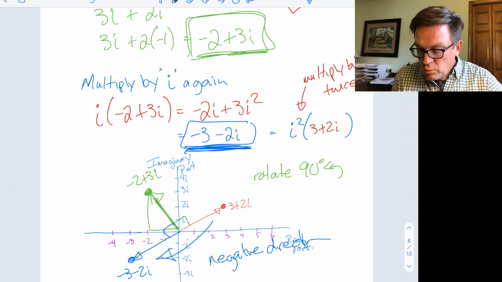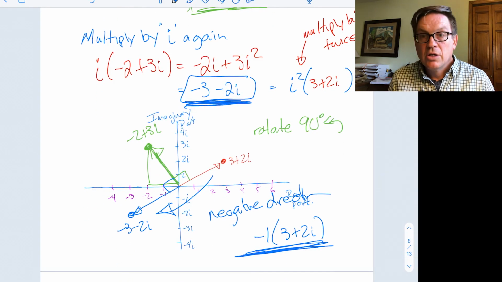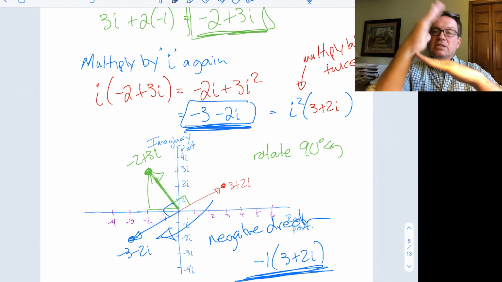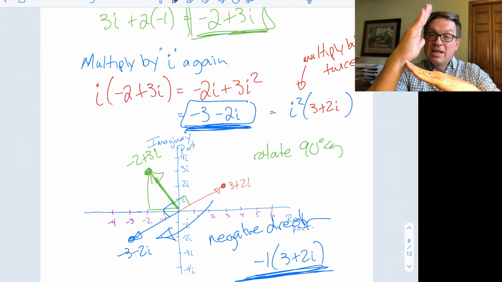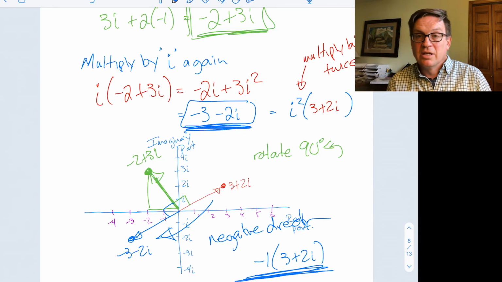So you end up with negative 1 times 3 plus 2i. So i squared is negative 1 if you look at it in this rotation sense. i means rotate 90 degrees. i squared means rotate 180, so you're backwards in the negative direction.